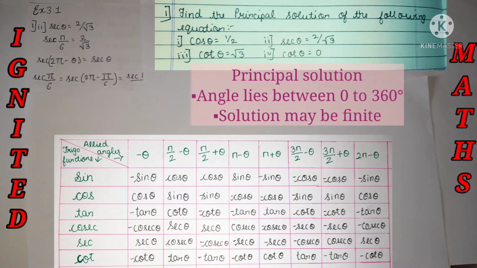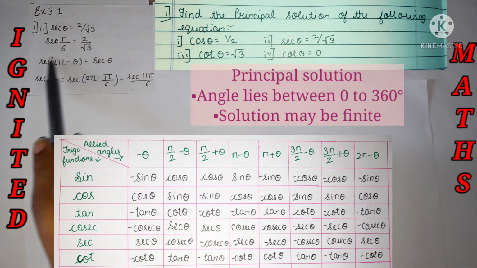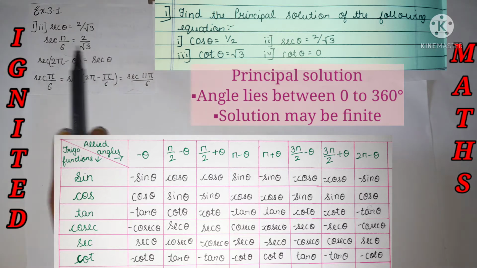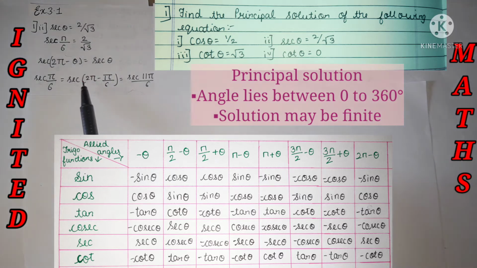So let's take the solution part over here. Sec pi by 6 is equal to sec of 2 pi minus pi by 6. Over here we have taken theta is equal to pi by 6. The same thing I have repeated, only the theta I have substituted as pi by 6. So 2 pi minus pi by 6, multiplying by 6 at numerator and denominator, we will get the answer as 11 pi by 6.